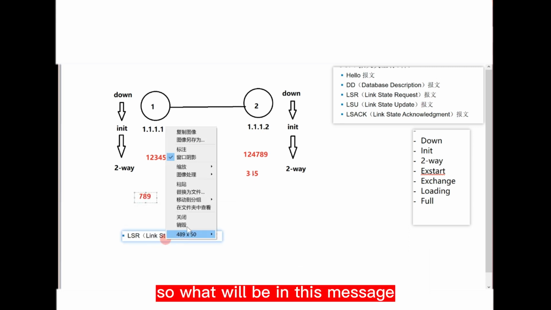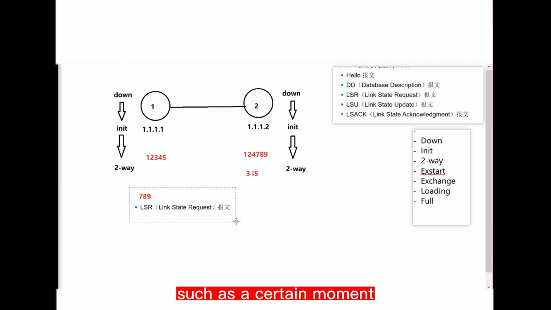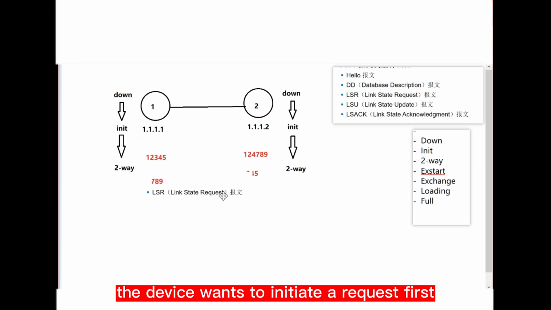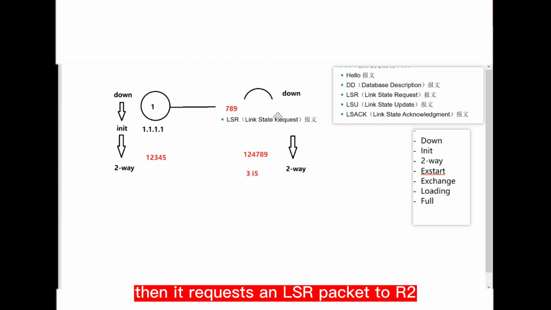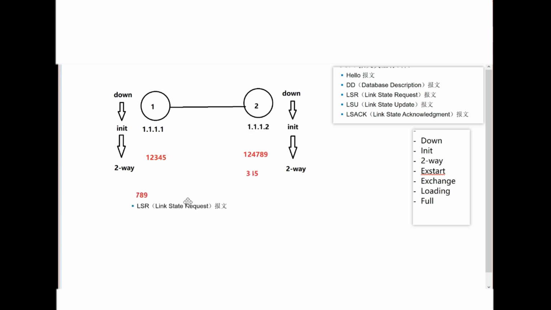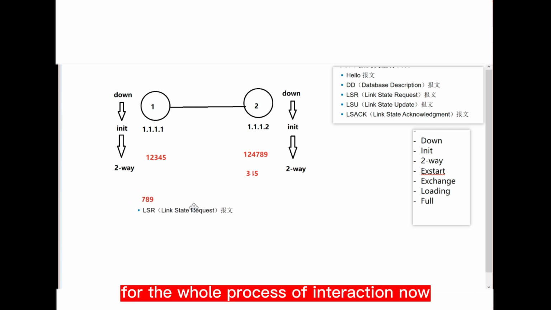So what will be in this message? R1 now wants 789 from R2. Such as a certain moment, the device wants to initiate a request first. Then it sends an LSR packet to R2. It now wants 789 in R2. Then it also sends a digest, for the whole process of interaction now.